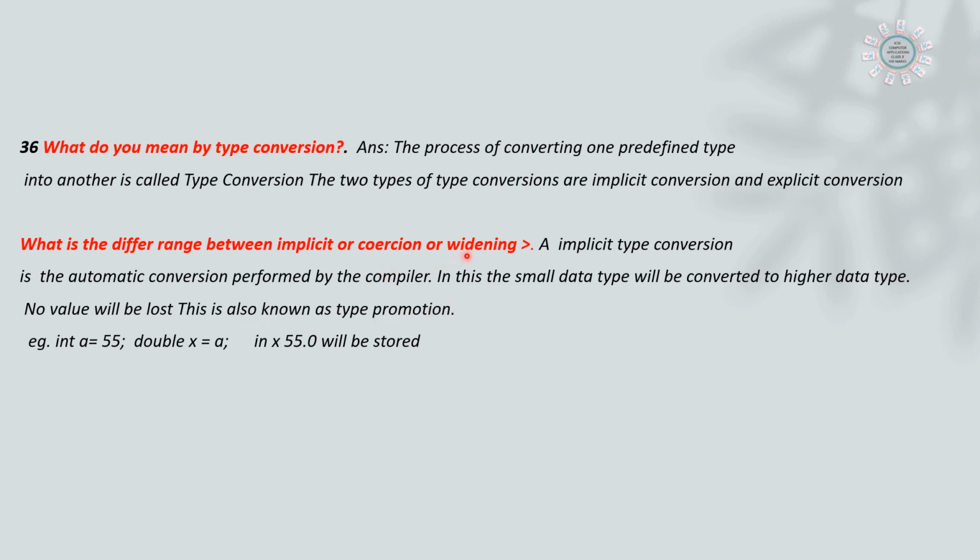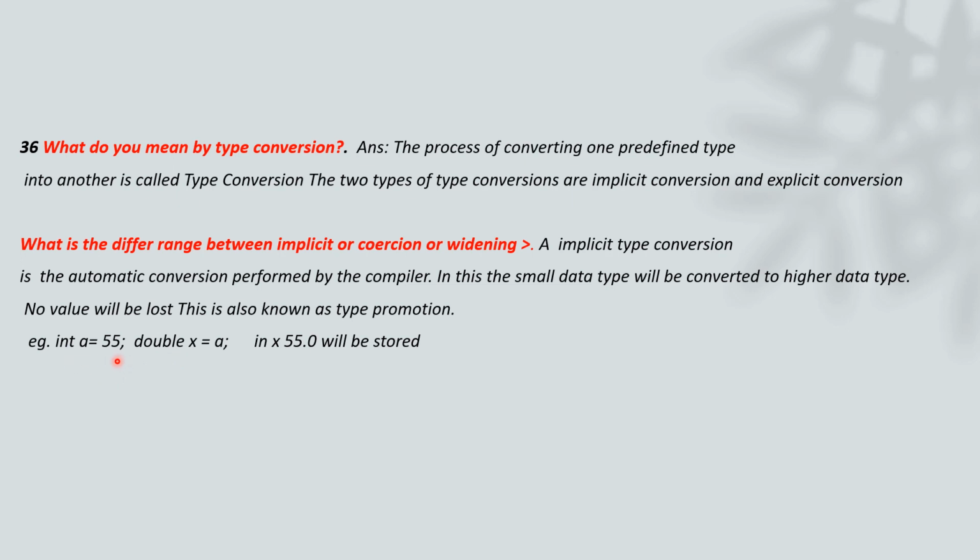Here coercion, binding or type promotion are the names you have to keep in mind. For example, here we can see int and double. Int has a memory size of 4 bytes, and double has a memory size of 8 bytes. We have already seen that. So int a is equal to 55, double x is equal to a. Here the smaller data type we are converting into the higher one, that means double.